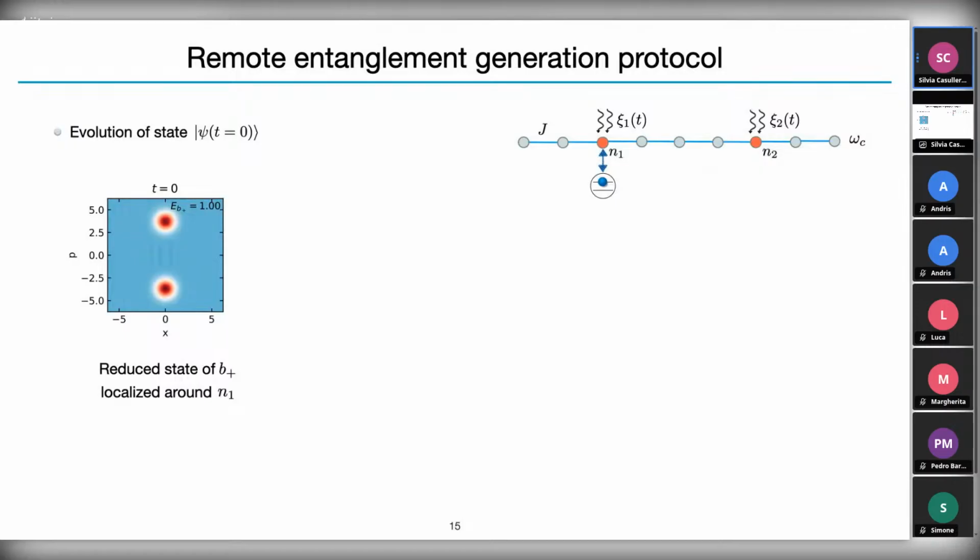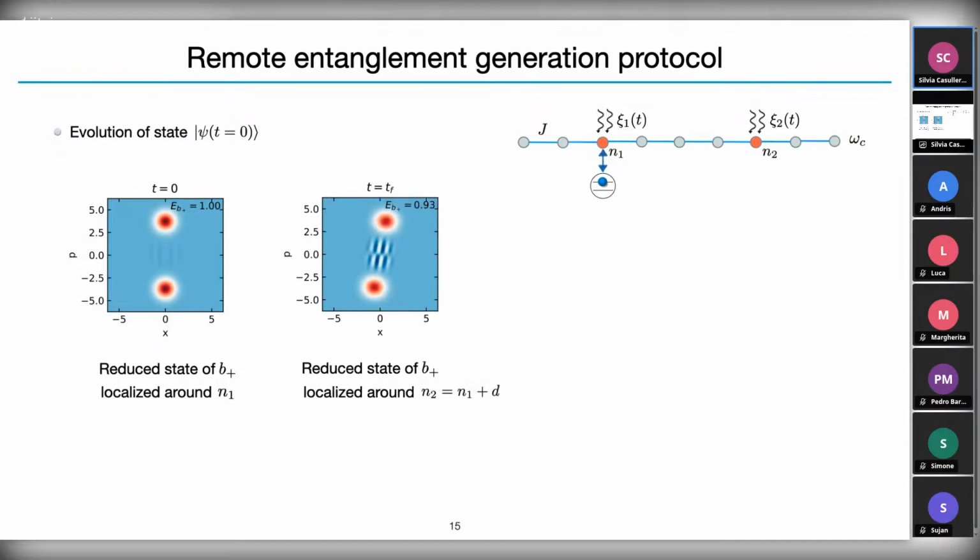And the plots that I'm showing now are the state of B plus, which initially it is at. And then we make this protocol, so we switch this squeezing in the way that I showed, and we arrive at the final time with a different state, which is pretty similar, but still a very highly entangled state.